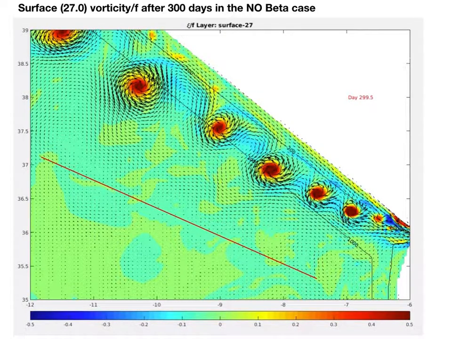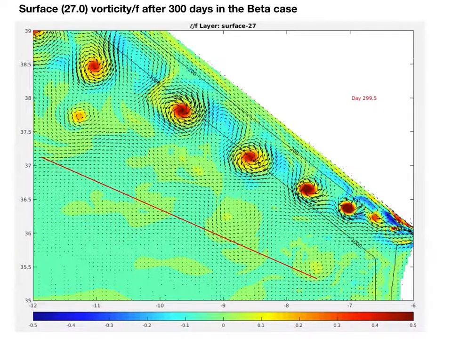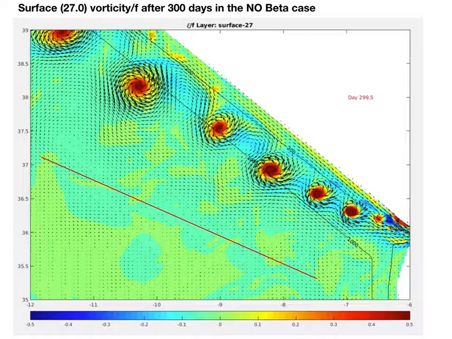And actually, if we look at the case with no planetary beta, it is missing. So you don't see a clear flow offshore. In terms of generation of cyclonic eddies, you don't have as many differences.